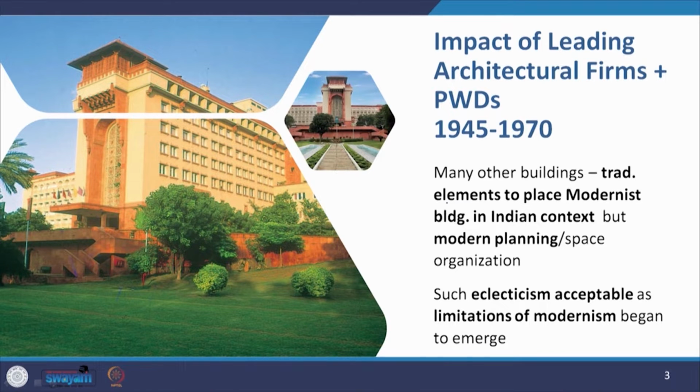Such eclecticism became acceptable because the limitations of modernism began to emerge in front of us in the 1950s and 1960s. This was happening all over the world because modernism had impacted architecture globally, but wherever it was widely accepted and integrated into their architecture, within a matter of maybe 2 or 2.5 decades, architects and developers realized that this faceless entity needs to have a regional flavor.